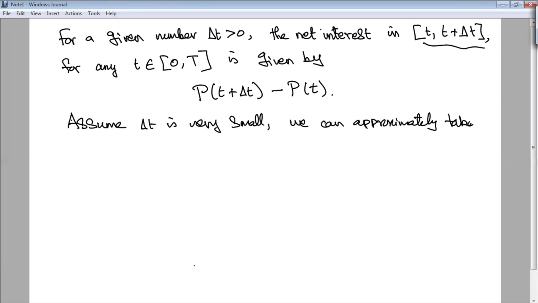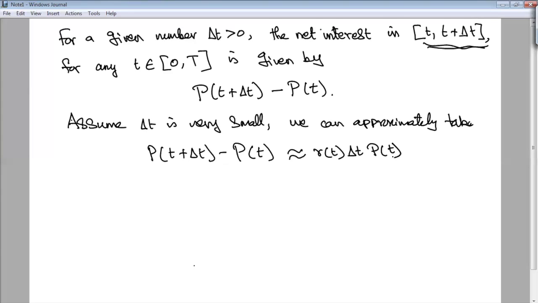Therefore, we can write P of t plus delta t minus P of t, which is the interest obtained in this period, is approximately equal to the simple interest, which is given by this.